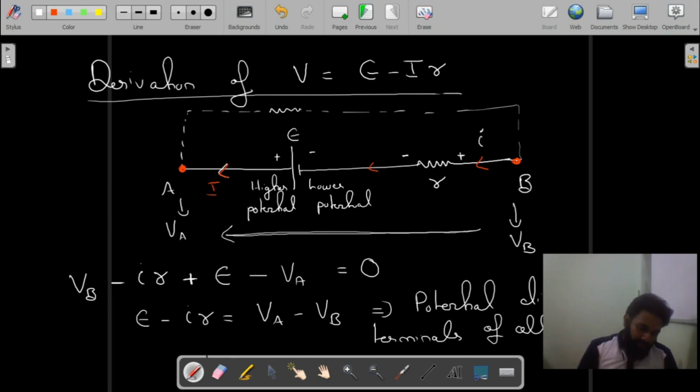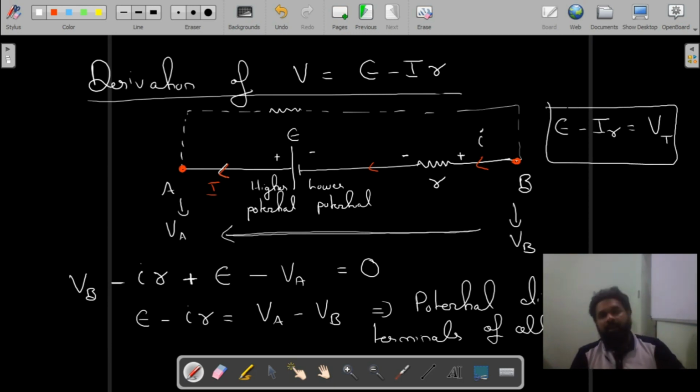Clear or what? So E minus IR is VA minus VB. In short, we can write E minus IR is equal to the terminal potential difference. Understood or not? Okay.